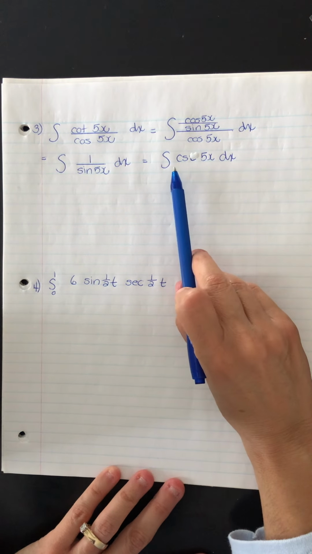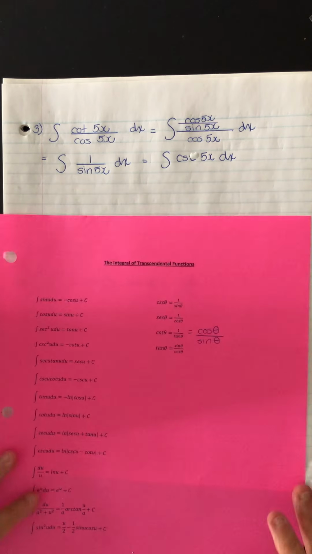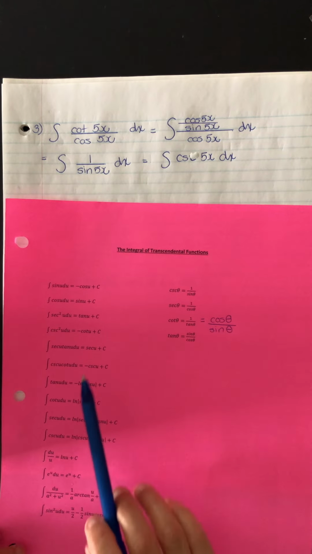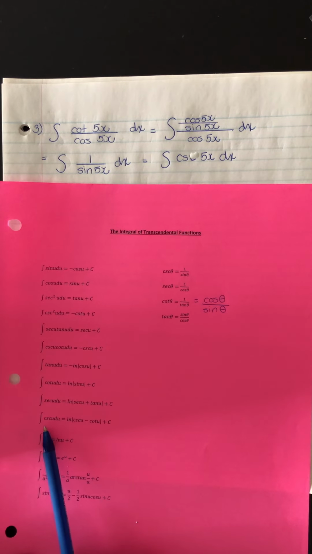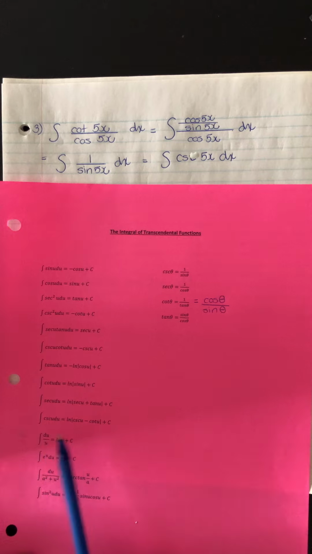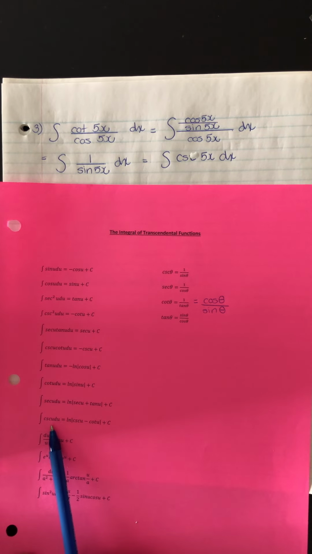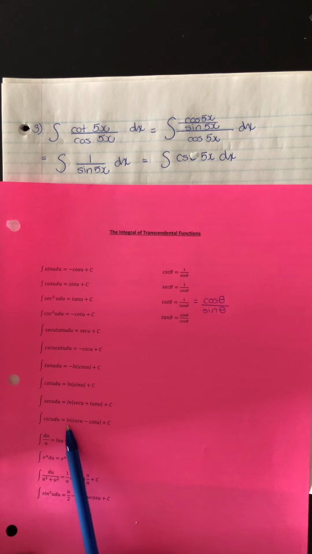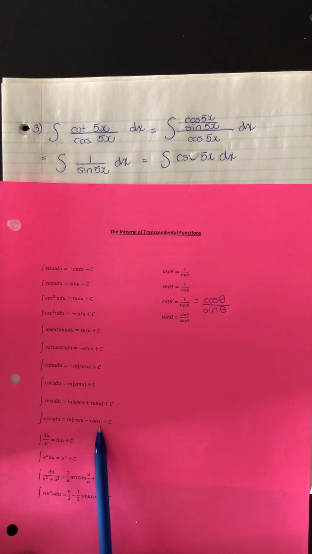Okay, so we're going to take the integral of cosecant 5x. The integral of cosecant is found here on our integral sheet. So we'll simply write this out. Our u, of course, is 5x, so when we write this out, we will have 5x here and 5x here.